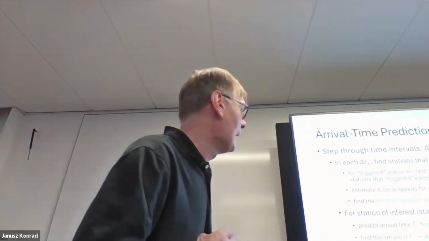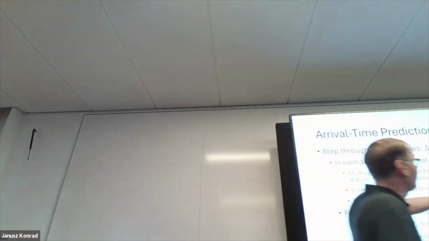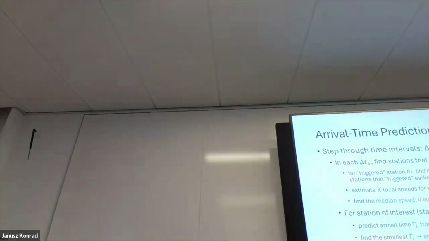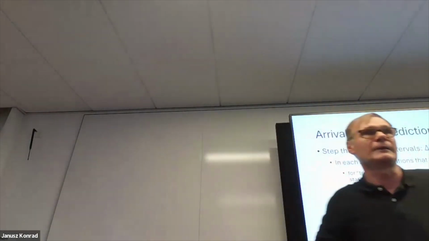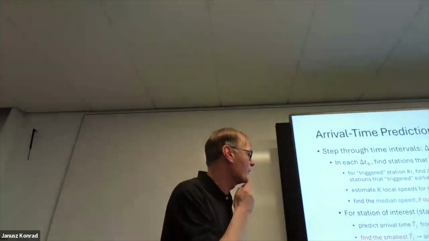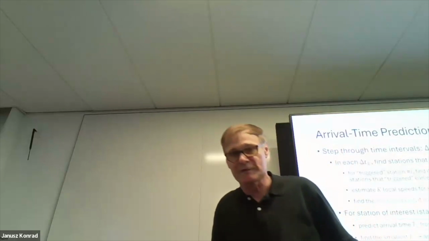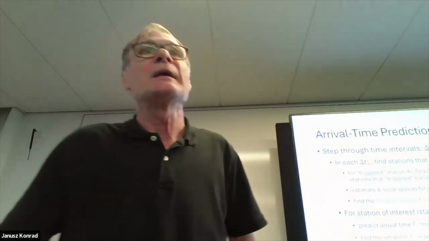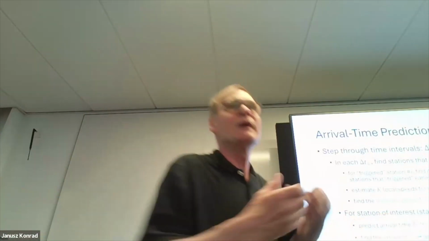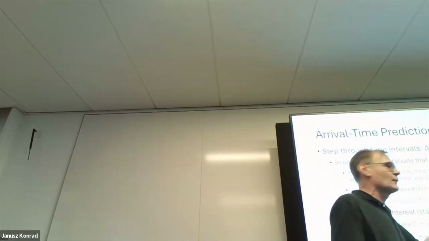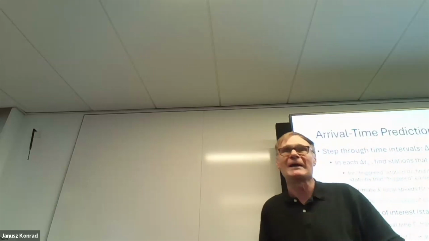So then we select 4 interest stations where we want to check the arrival time, and we predict arrival time based on this local speed. Oh, by the way, an important thing I didn't mention: because we expect errors, if there's a velocity that's outrageous, and we do get outrageous velocities, we throw out those stations and we only allow a 3 to 9 kilometers range, which is more reasonable.